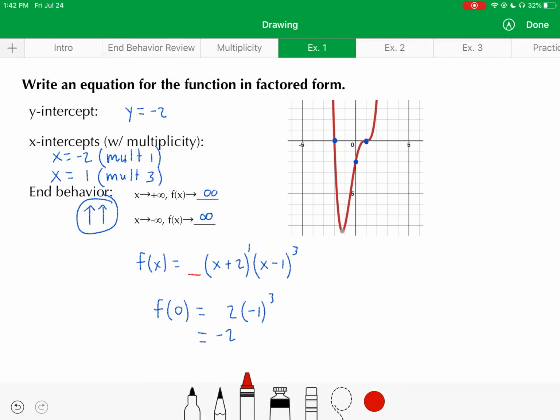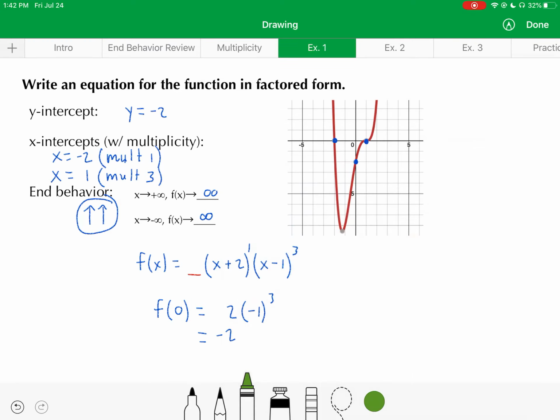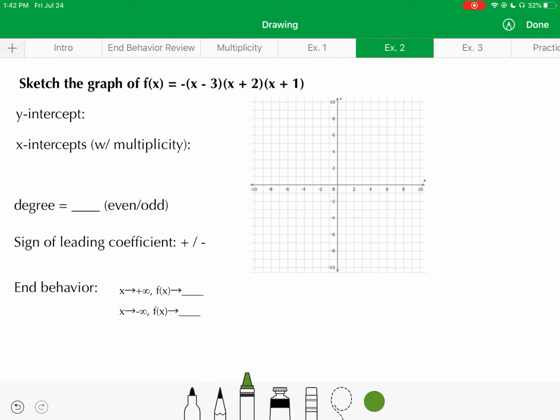So what I mean by that is, let's say instead of -2, the y-intercept right here, let's say that was -4, okay? Then in order for this function to have a y-intercept of -4, you would need to put a 2 out in front here, so that this would become 2 times -1 to the third, which would give you -4. Okay.